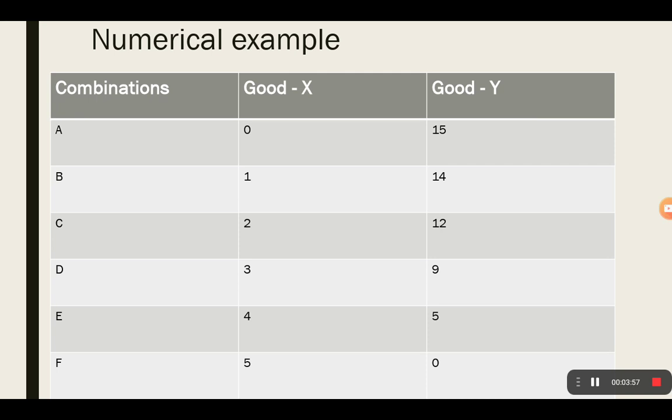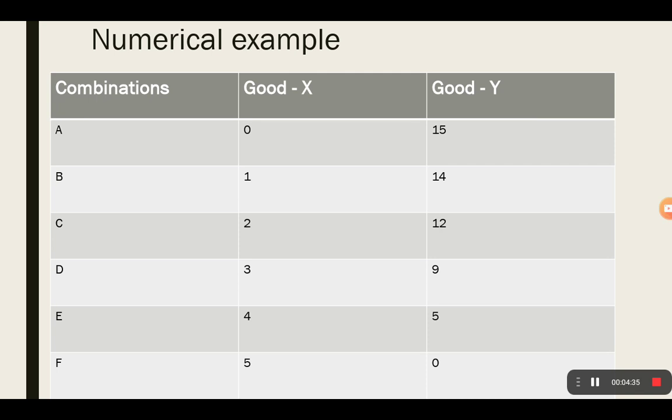In the third combination, that is combination C, again we have increased the production of good X by 1 unit, from 1 to 2, whereas in good Y we have now sacrificed 2 units, from 14 to 12. In the fourth combination, we have increased the production of good X by 1 unit, but in good Y we have sacrificed 3 units, from 12 to 9.